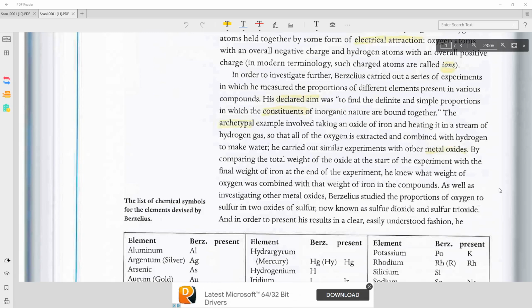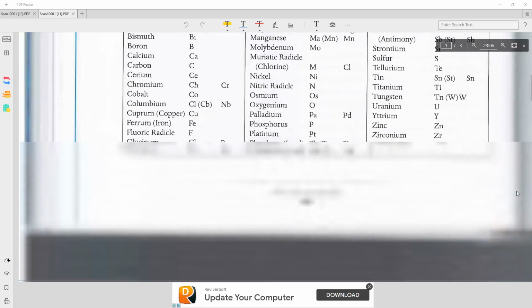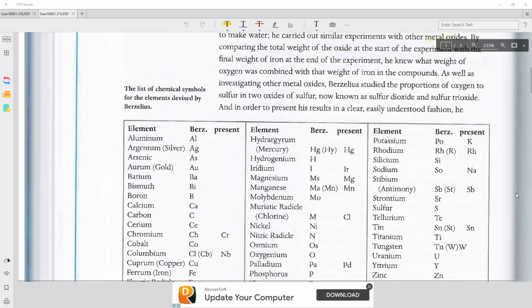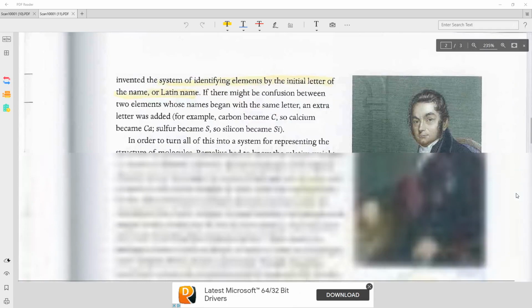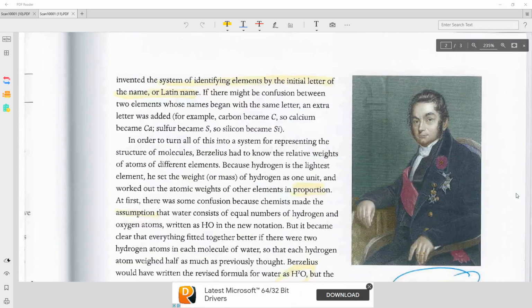Berzelius studied the proportion of oxygen to sulfur in two oxides of sulfur, now known as sulfur dioxide and sulfur trioxide. And in order to present his results in a clear, easily understood fashion, he invented the system of identifying elements by initial letter of the name, or Latin name.